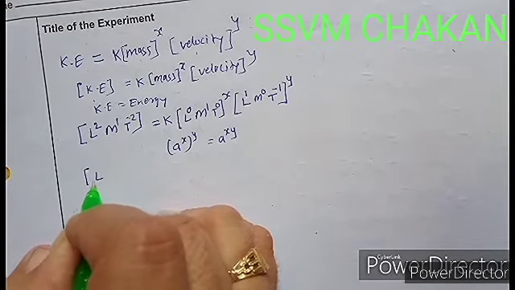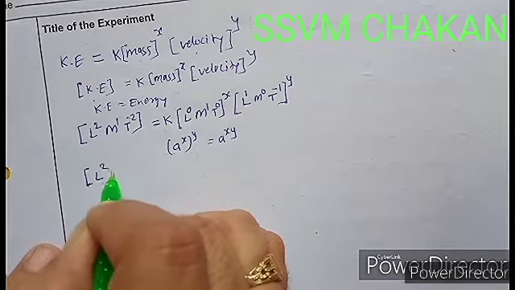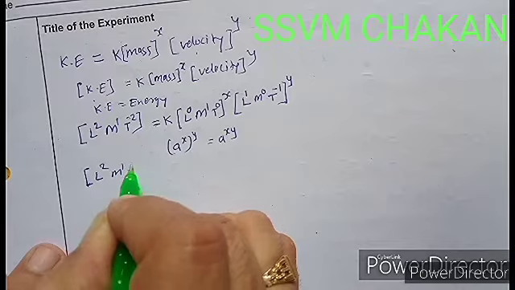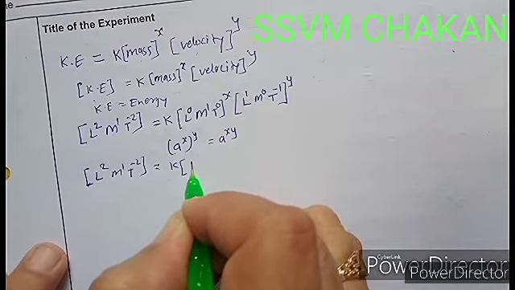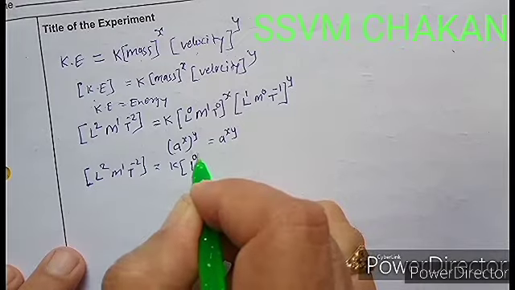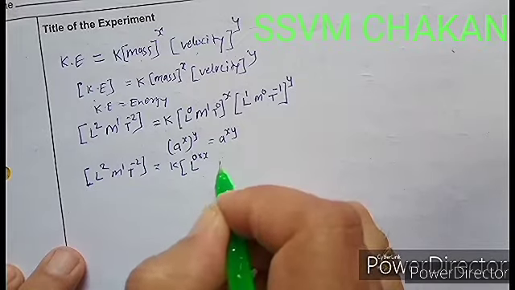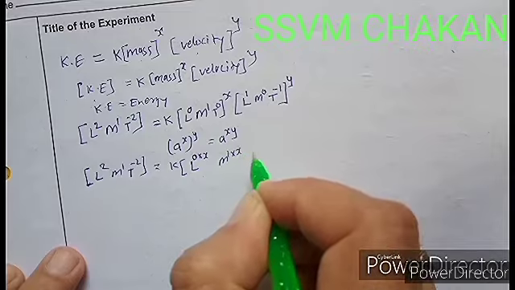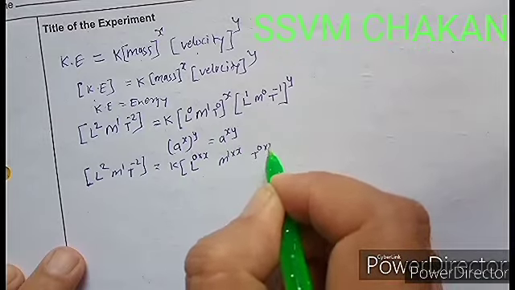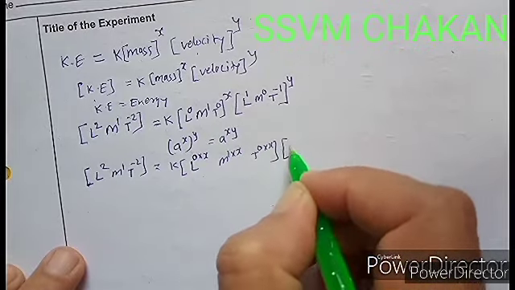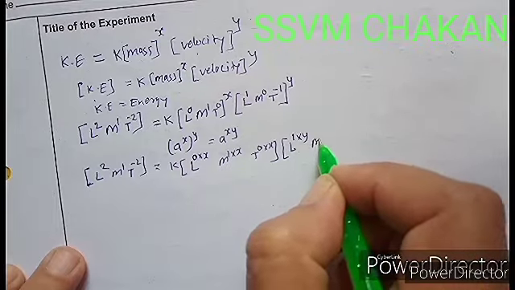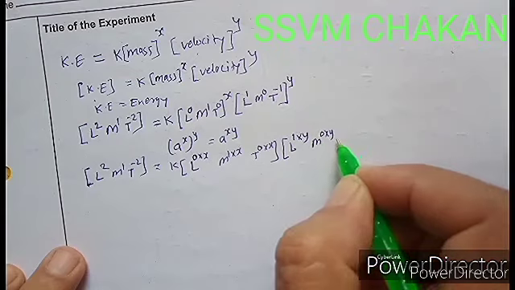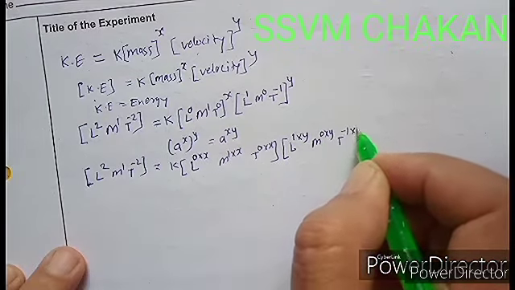So the LHS is L raised to 2, M raised to 1, T raised to minus 2, and the RHS is k, L raised to 0 into x, M raised to 1 into x, T raised to 0 into x, L raised to 1 into y, M raised to 0 into y, T raised to minus 1 into y.